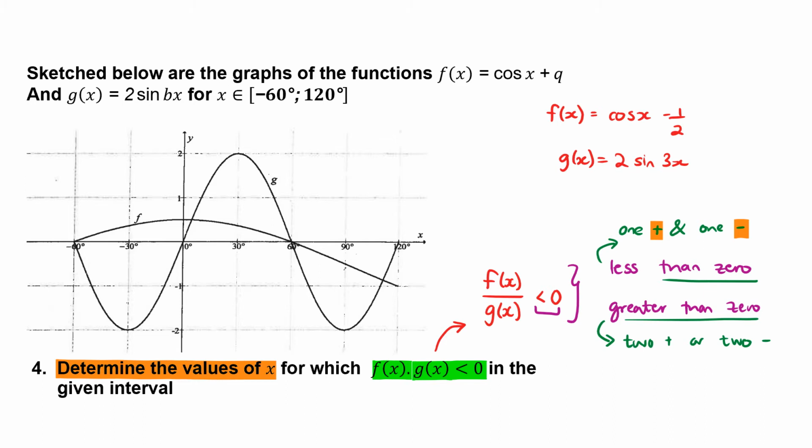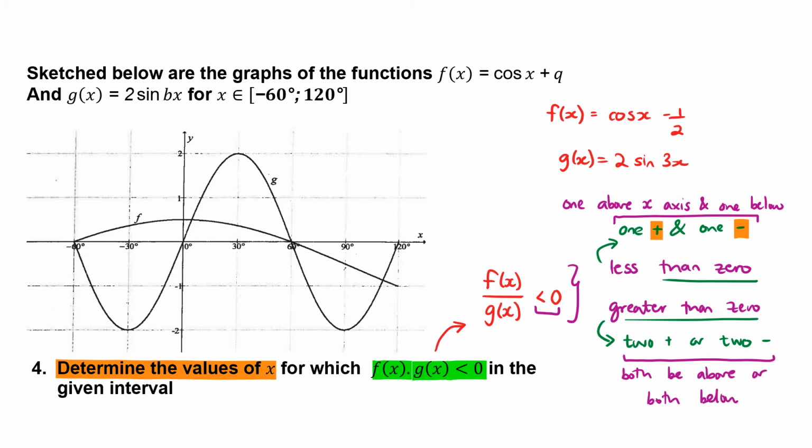Now, how we work with that in functions is by saying, well, to have one negative and one positive, you need to have one above the x-axis and one below. Likewise, for two positives or two negatives, they must either both be above or both below.